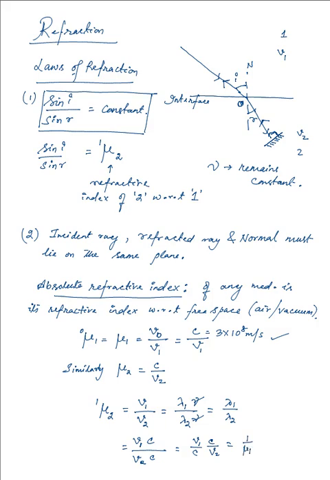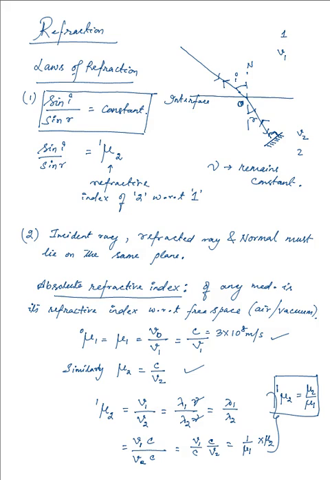And then similarly, c over v2, as we can see over here, is mu2, that is the absolute refractive index of the second medium. Then we have a mu2 over here. So that means from all of this, what we can have is that mu2 with respect to 1 is equal to mu2 over mu1. That is the absolute refractive index of the second medium taken over the absolute refractive index of the first medium in the ratio. That is how we denote the refractive index of the second with respect to first.